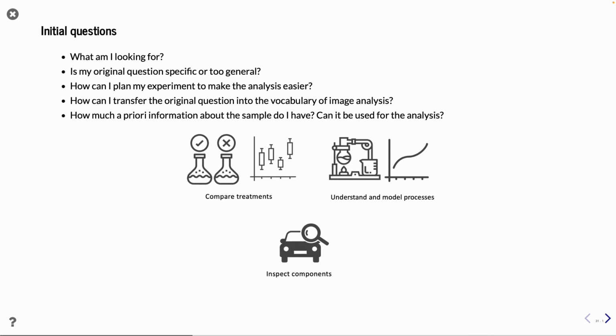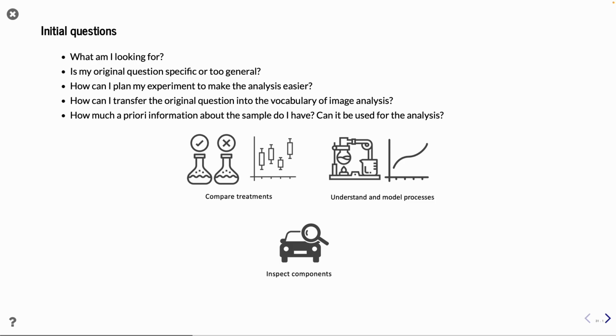So the initial questions are pretty important to specify also in the experiment design. What I'm looking for can look like an obvious question, but it's not always so obvious. And the next question here is: is my original question too specific or too general? If you ask it in one way, which would maybe be natural to you, it may be too specific to be able to reformulate it into an image analysis question, an image analysis task.